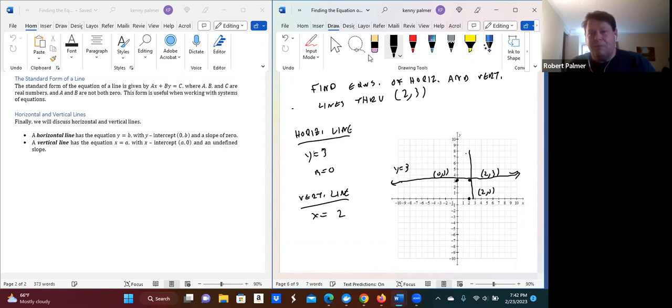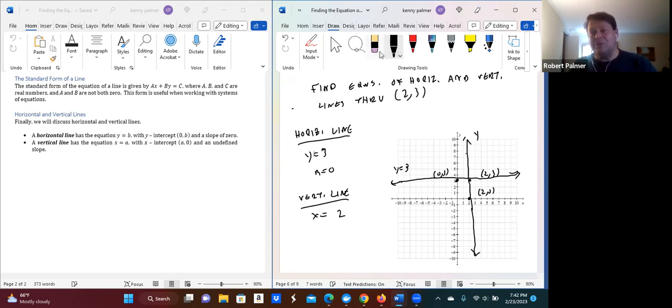I'm having a hard time drawing a straight line between these points, so I just have to imagine it being straight. This is my writing pad having a little trouble doing that. Okay, that should be a vertical line.